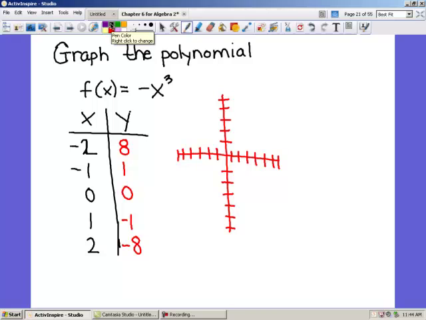So negative 2, 8, so 1, 2, 3, 4, 5, 6, 7, 8. I'm just going to keep going up. And then we have negative 1, 1, 0, 0, 1, negative 1, and then 2, negative 8. And we're going to connect the lines with arrows. And this looks like the cubic graph that I showed you in that chart.